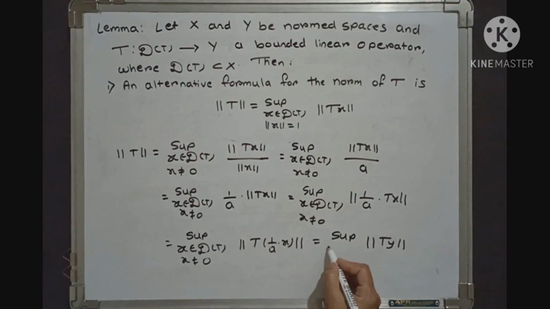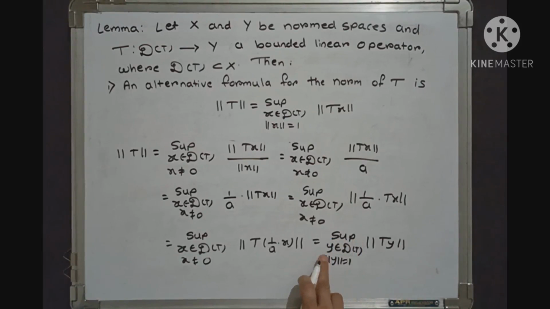That means here we may write y belongs to D(T), and here x is not equal to 0, but for y we have the condition that ‖y‖ equals 1. That means we get the supremum over y belongs to D(T), ‖y‖ = 1, of ‖Ty‖.